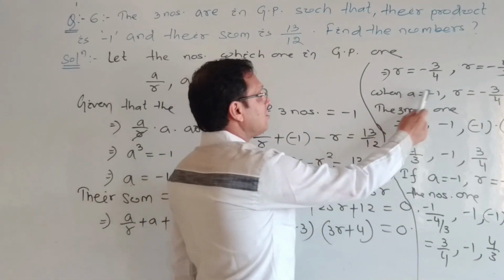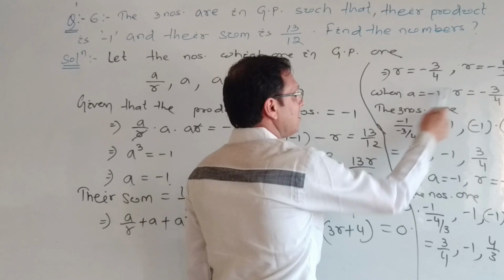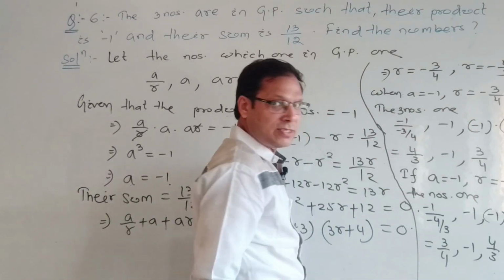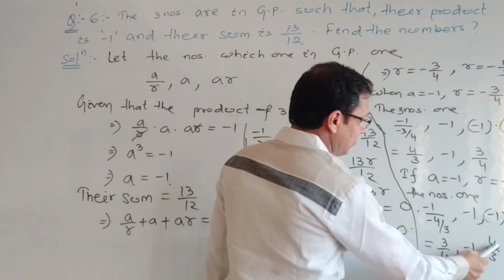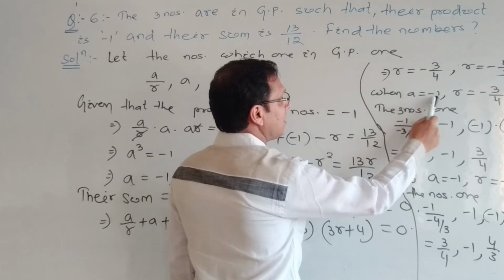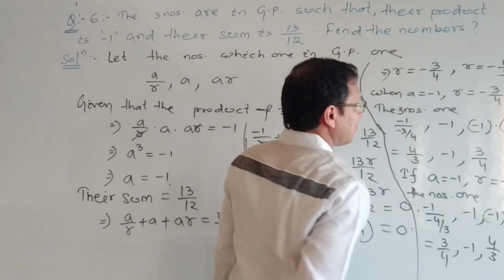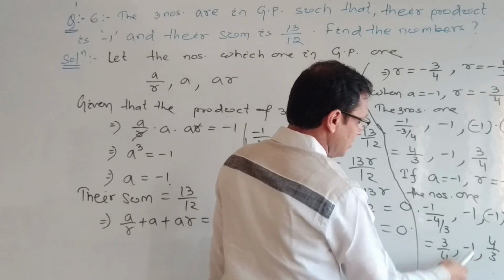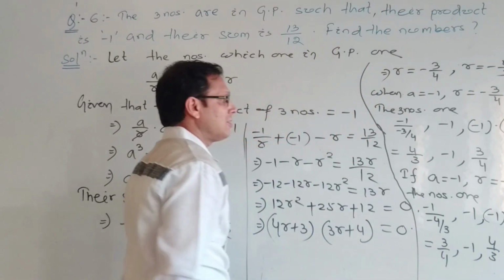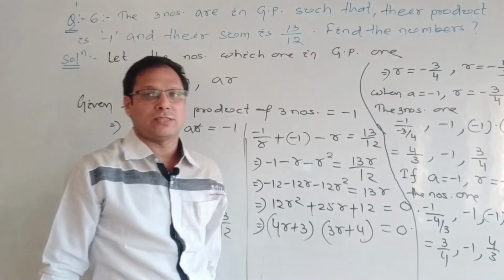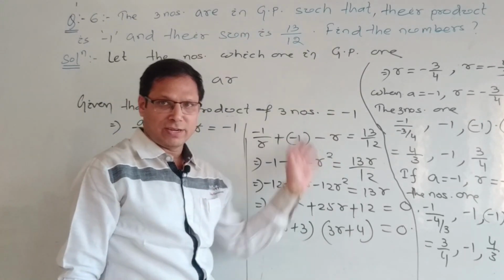Taking A is equal to minus 1 and the first value of R, you can find 3 numbers. Then another set of 3 numbers will be found by taking A is equal to minus 1, R is equal to the next value, that is minus 4 by 3. So there are 2 sets of 3 numbers. Make a note.